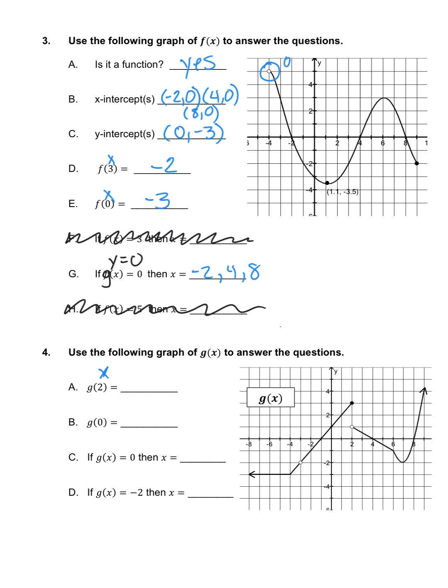So open circle or open point means does not exist. Now the closed circle on the other end, closed circle means point does exist.